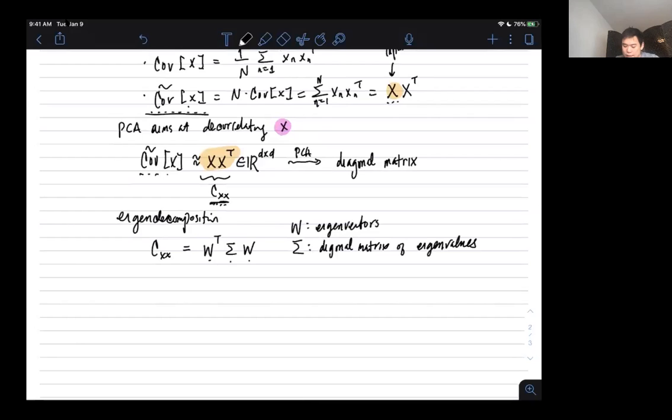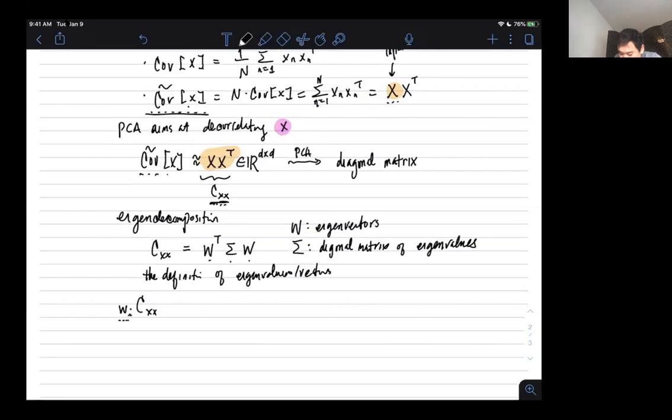So where does this eigen decomposition come from? It comes from the definition of eigenvalues and eigenvectors. So what was the definition of the eigenvalue and eigenvectors? Now, given this CXX, we're going to look at the ith eigenvector, Wi.